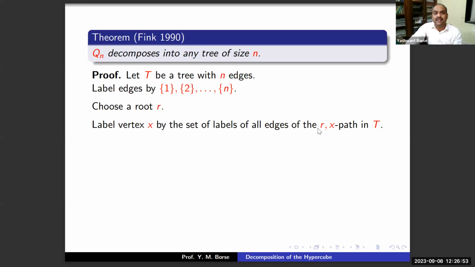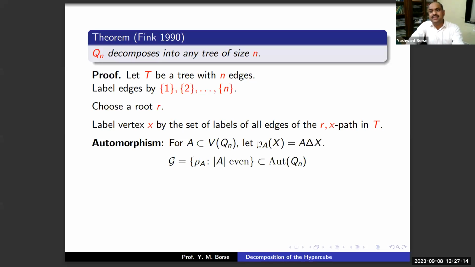Collect those labels, make a set, and give that set as the label for X. So the label of X is the set of all labels of edges on the path R to X in T. This way you get a label for X, and thus T is embedded in Qn.